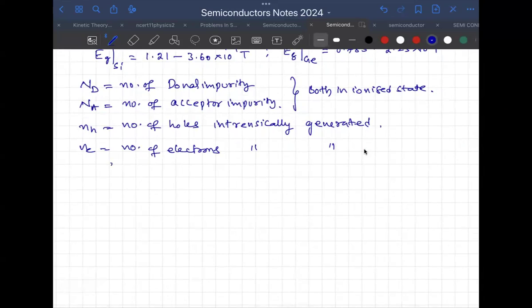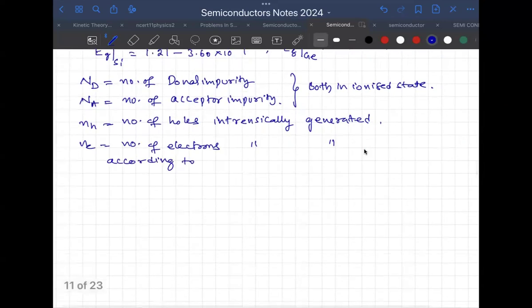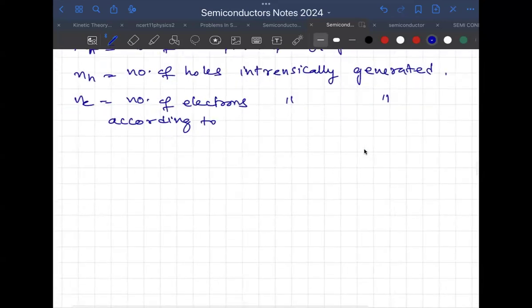So now, according to conservation of charge, what is the total positive charge? When I donate, the impurity becomes positive. Holes are anyway positive. So ND plus NH is the total positive quantity.